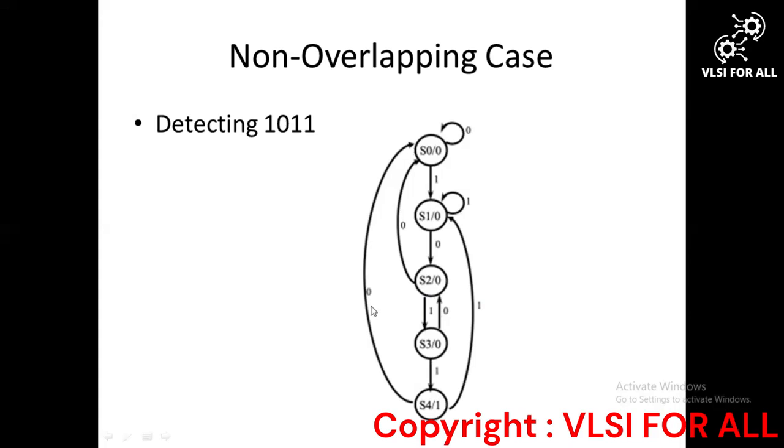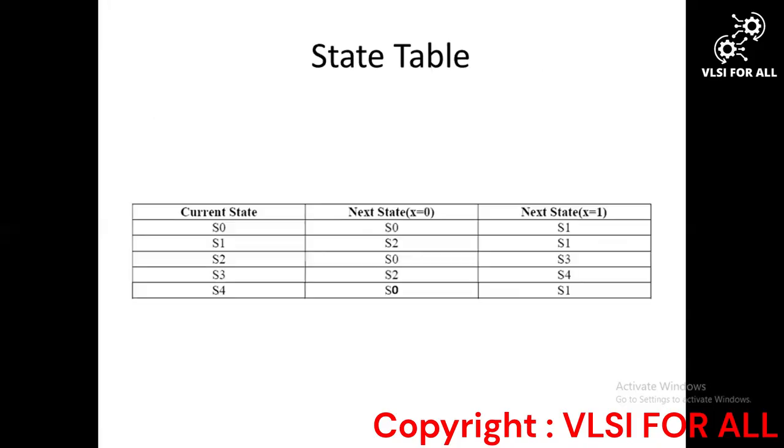Like this, we can draw the diagram for the Moore machine, and we have written the state table. This is the same as what we explained in the previous slide. For S0, the current state for input X equal to 0 is S0, but for input X equal to 1, the next state is S1. Similarly, for S1, for X equal to 0 it is S2, and for 1 it is S1. So like this, you can see.